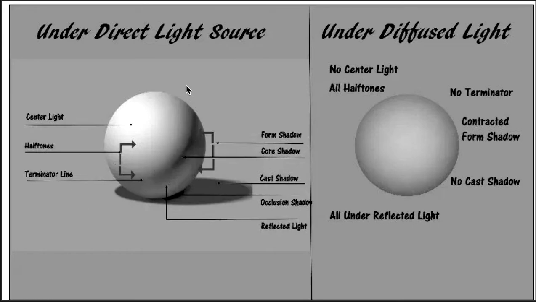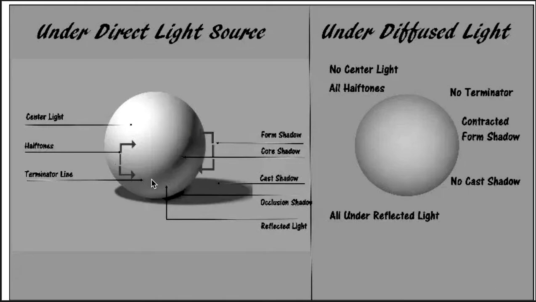Some people call this the border between light and dark. I refer to it usually as the core shadow or the border between light and dark. And it's basically the edge of the separation between the shadow and the light side.